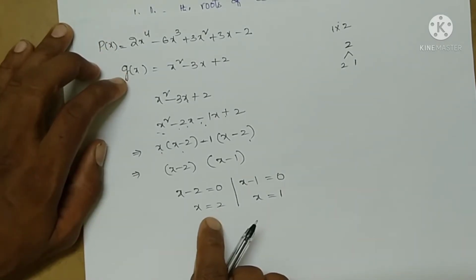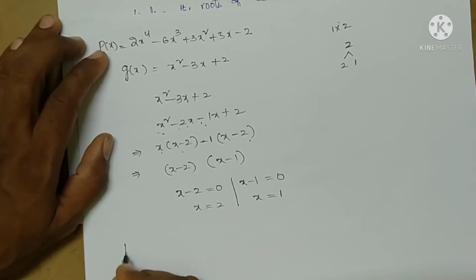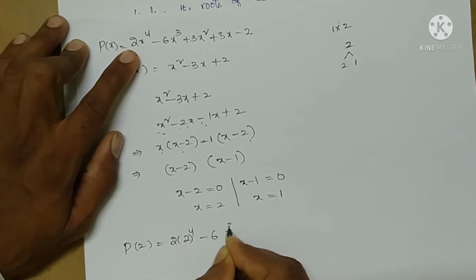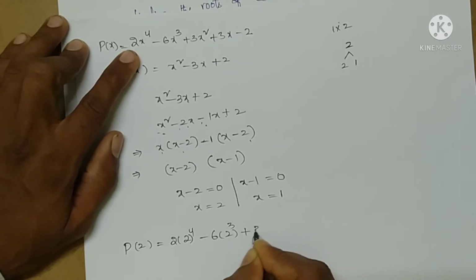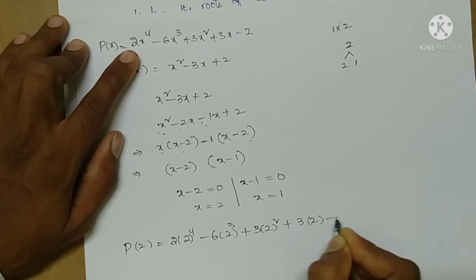Substitute these x results in our polynomial p of x. So p of 2 is equal to 2 into 2 power 4 minus 6 into 2 power 3 plus 3 into 2 square plus 3 into 2 minus 2.